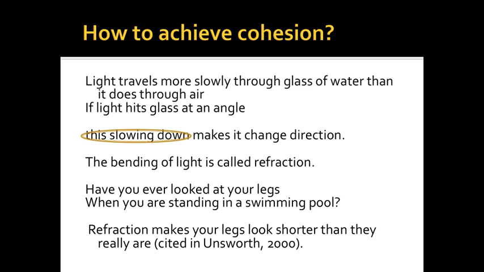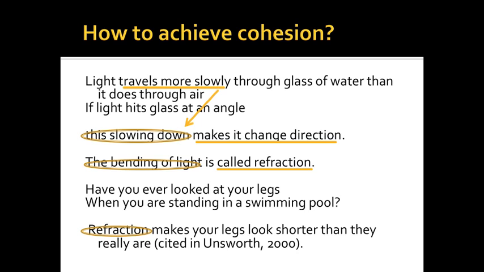Now we circle the themes: the slowing down, the bending of light, refraction. And there are also some rhymes we need to identify before we go to the cohesion topic: travels more slowly, makes it change direction, is called refraction.